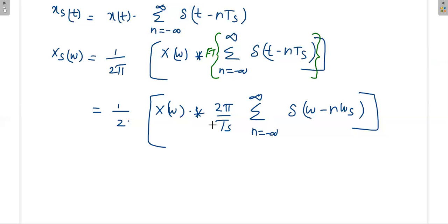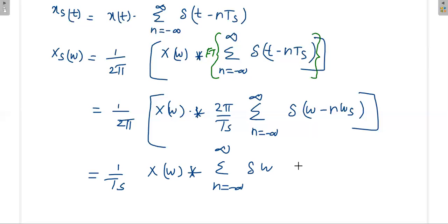Now these 2 pi will cancel. Finally 1 by Ts, and again X of omega convolved with summation n from minus infinity to plus infinity delta of omega minus n omega s. Now this is the simple convolution formula.